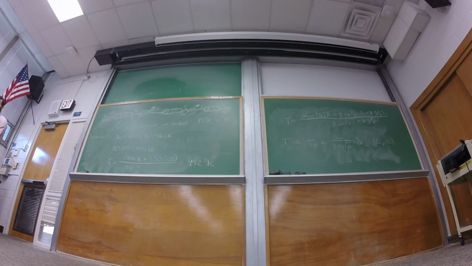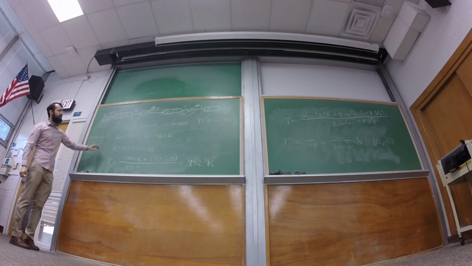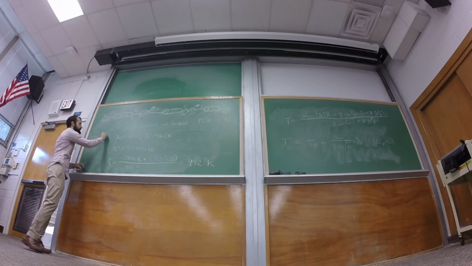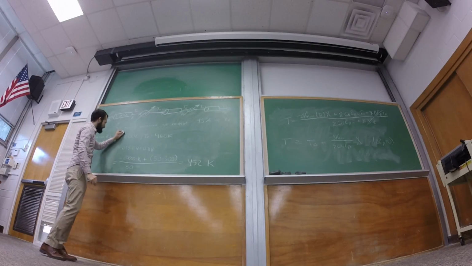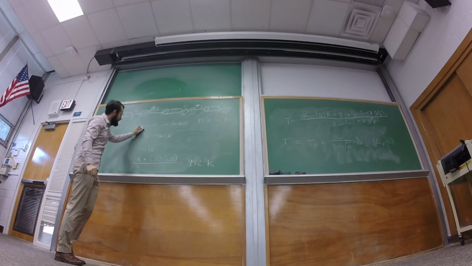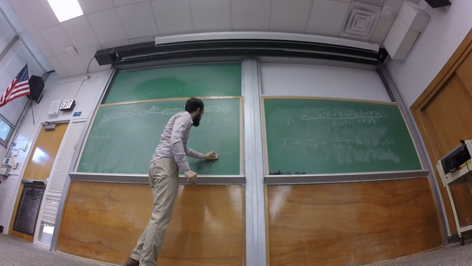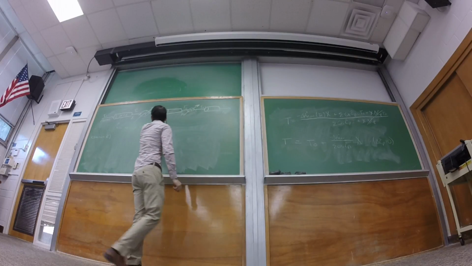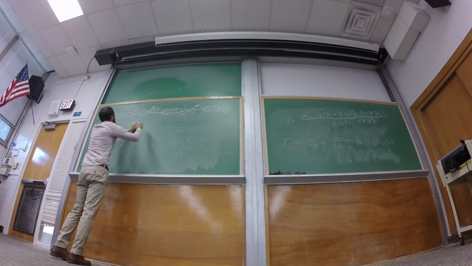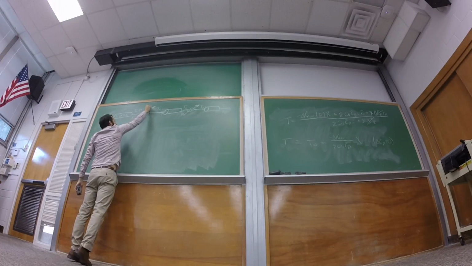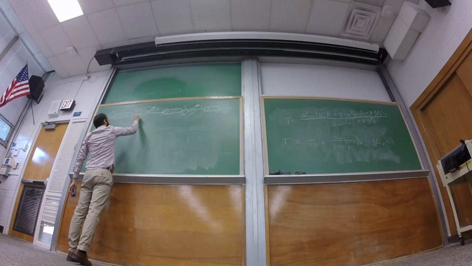Now things get a little bit more interesting. Has everybody got this? Because I'm going to erase it all. Okay, so this is 452 Kelvin, right? And this is 0.38.